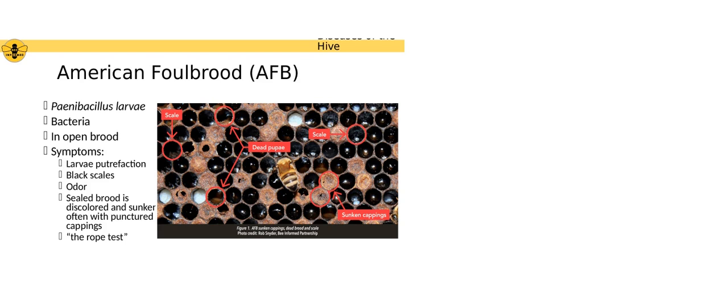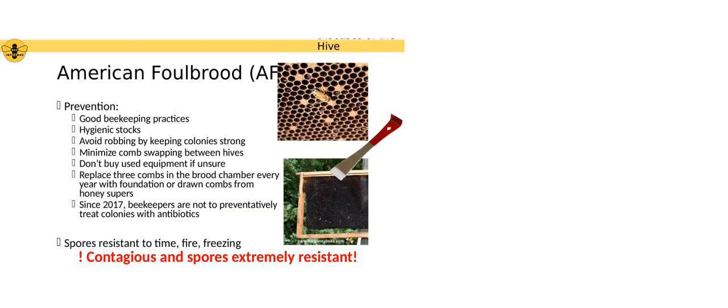The bees will feed the food to the baby bees, and then they'll cap that cell, and it'll take effect while it's got that capping. That's why you end up with these sunken, discolored, or perforated cappings. Again, in the top picture, you can see a little bit of scale. It's the black shiny stuff, just south of where that bee is. You can see a couple of shiny cells.